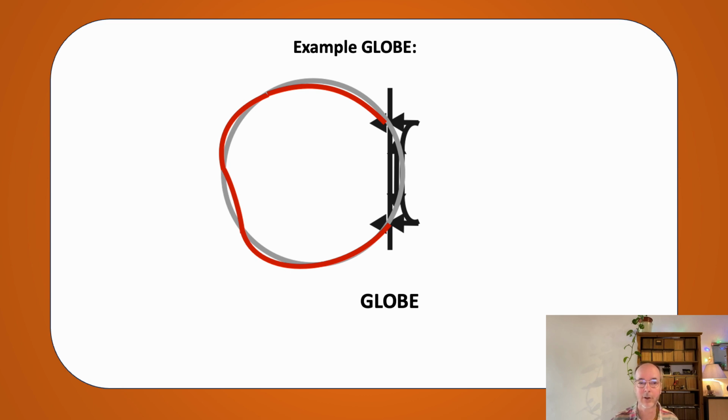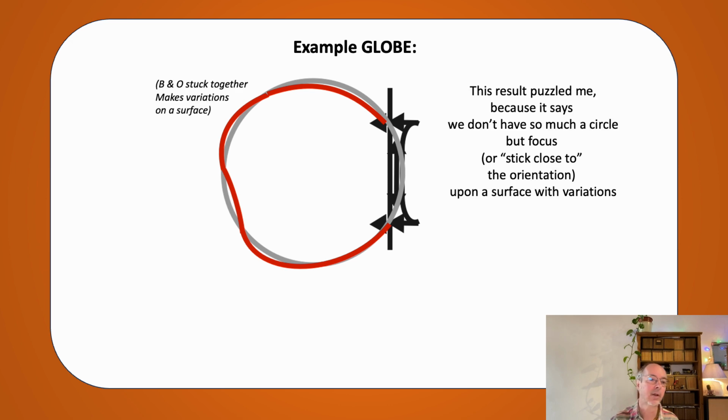It's certainly not just a sphere, but these variations on the surface dominate a little bit more. And this confused me, because I thought, am I doing something wrong? Because we don't have so much of a circle. We still have something that we are here a bit stuck on the surface with all of its variations.